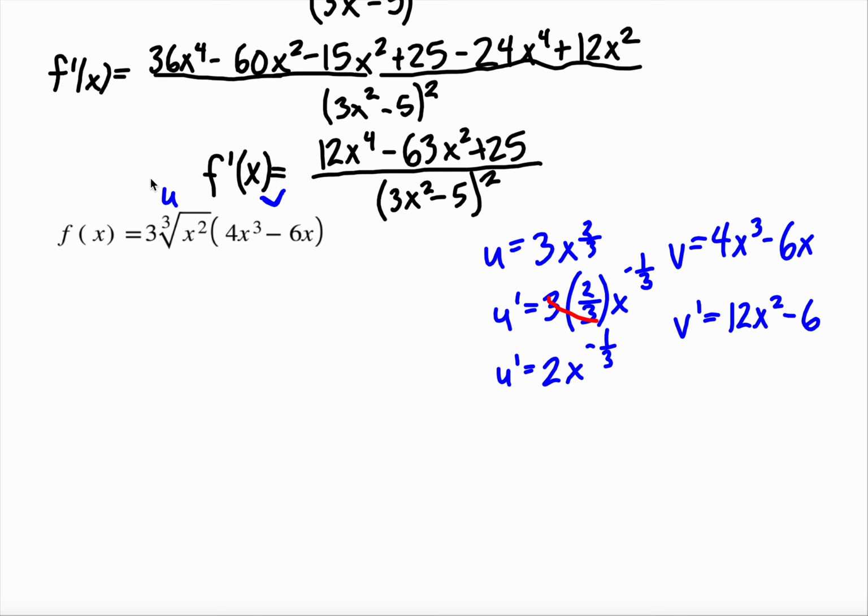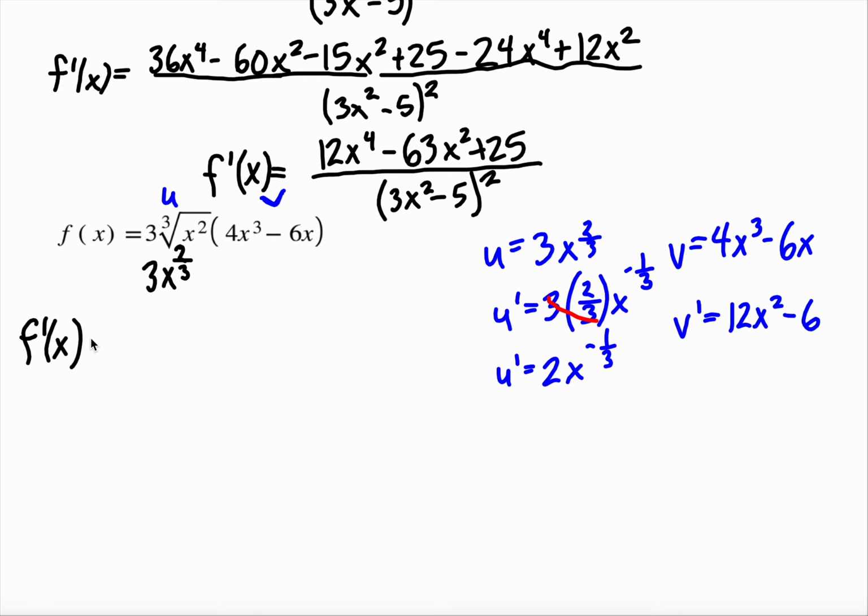Okay, so let's set up our problem now, and we'll simplify as much as we need to. I would rewrite this also as 3x to the 2/3, because that's a little easier than writing it the other way. And we're going to see how some things can be simplified here.